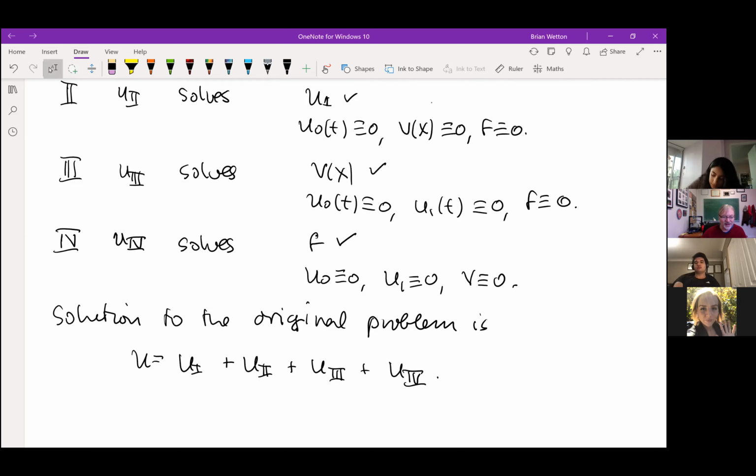Oh, there's a question that came in. Well posed is an equivalent term to well conditioned. Well conditioned is a term that's used for finite dimensional systems.